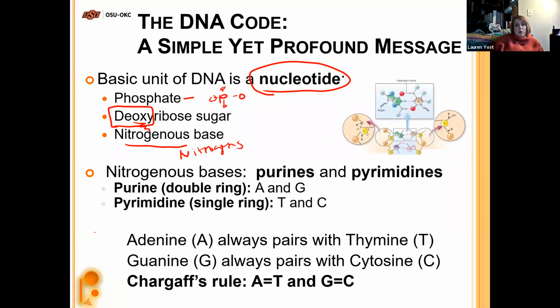They come in 2 forms, the purines and the pyrimidines. The purines are the double ring ones, and the single ring ones are the pyrimidines. Now, I'm not going to have you guys draw it out, but this is basically what it would look like. These are the double ring nitrogenous bases, and this is the single ring. So see how there's only one ring over here, and then there's 2 linked together over here. That's what we're talking about, okay? Single versus double ring.